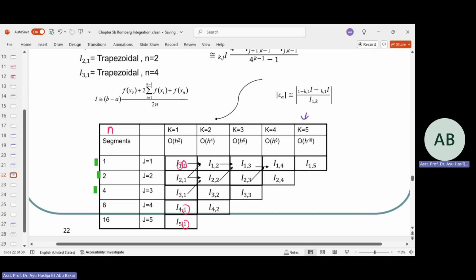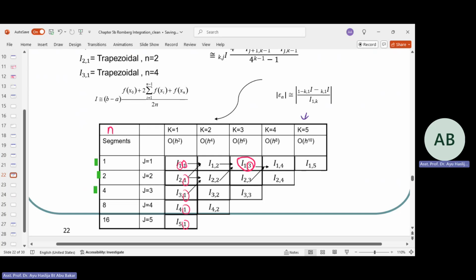So you should understand this one, because certain questions just ask you to find the estimation I(1,3). So you should know which level that is. In I(1,3), 3 is the level.